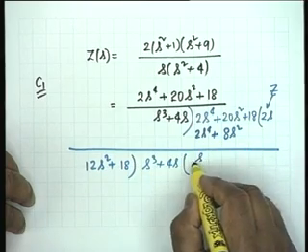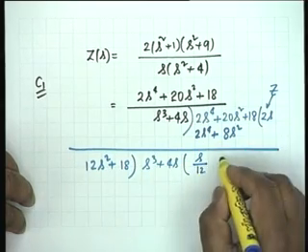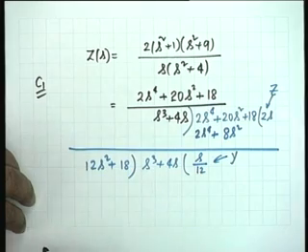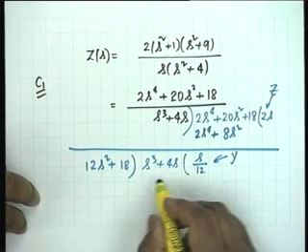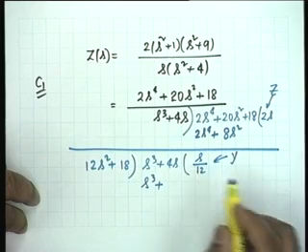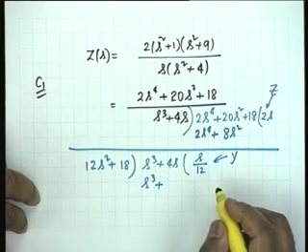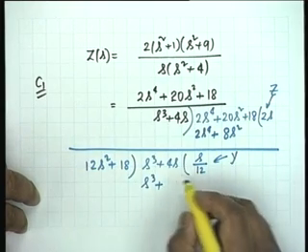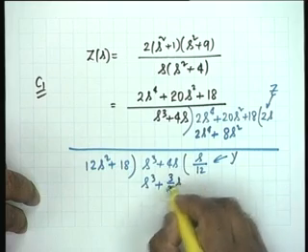The quotient is s by 12, and this is an admittance Y. So s cubed divided by 12s squared, and 4s minus 18 by 12, that is 3 by 2s.